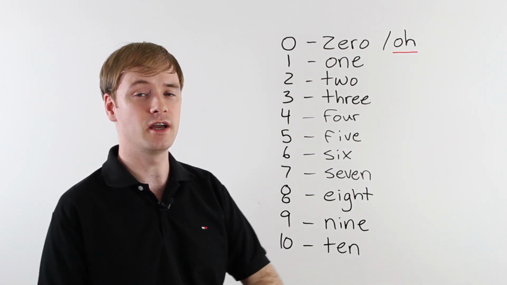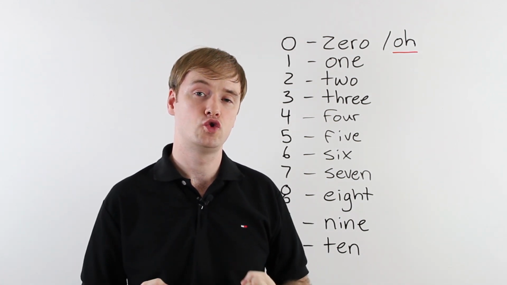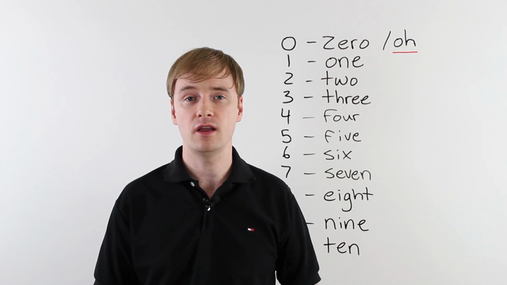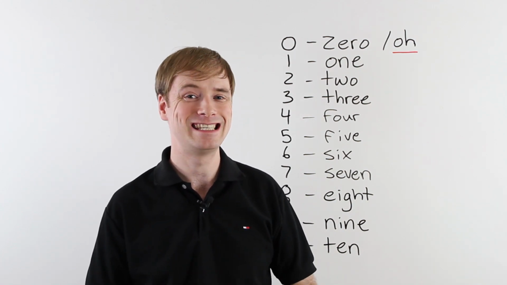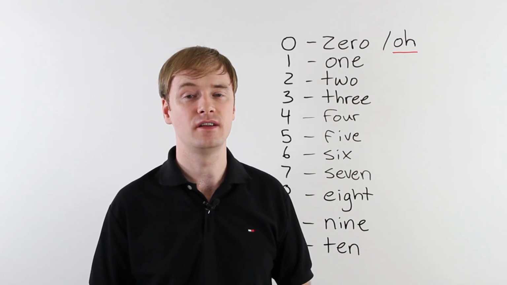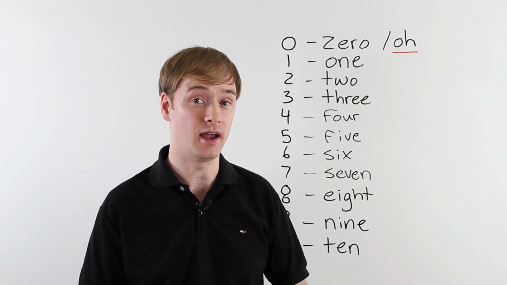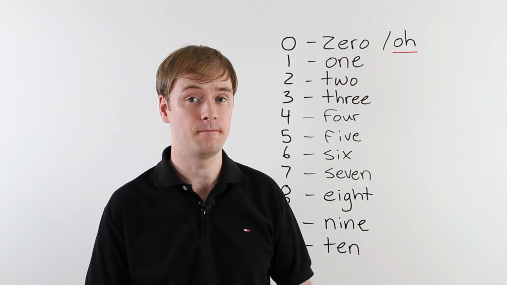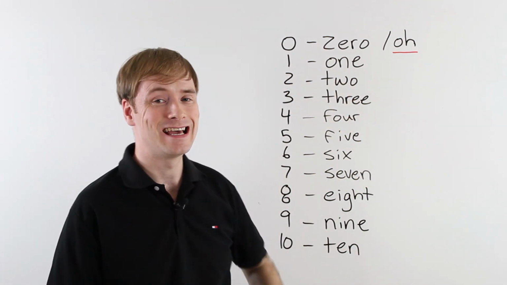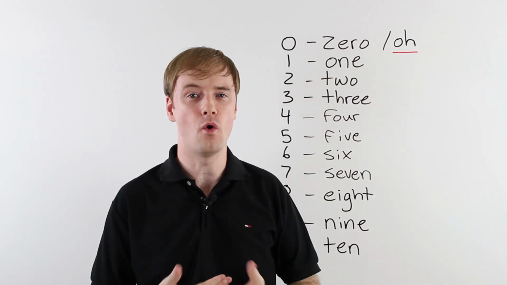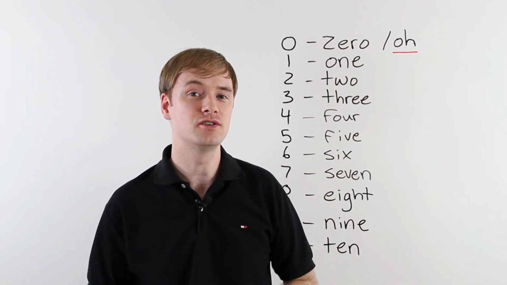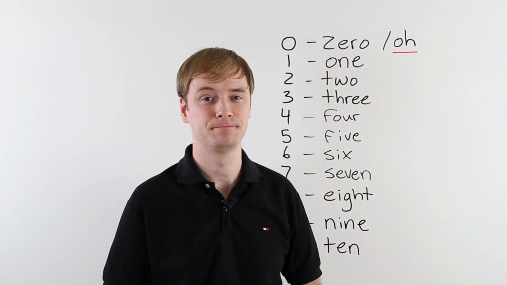Okay, so one more time. 1, 2, 3, 4, 5, 6, 7, 8, 9, 10. All right, and don't forget 0 and O. Okay, let's move on to the next set of numbers.